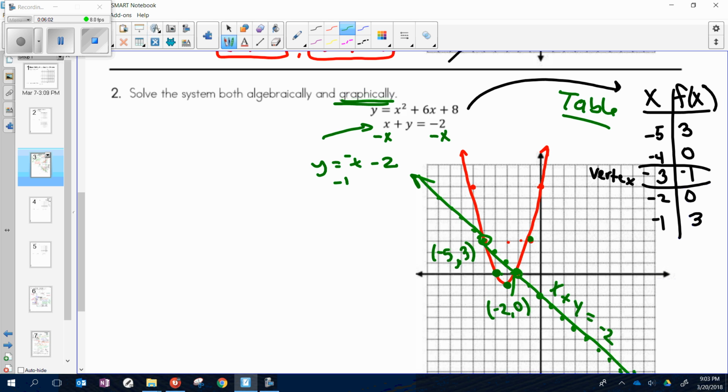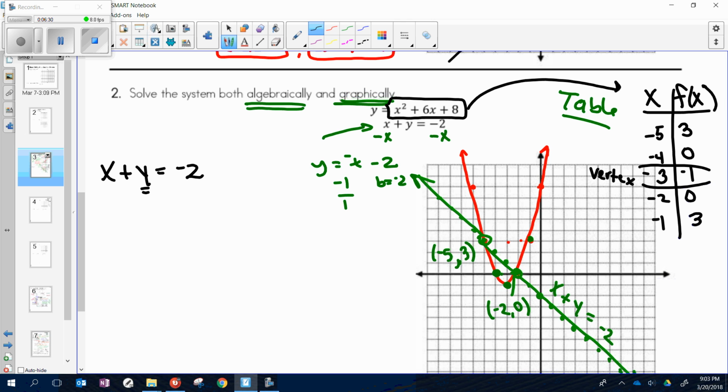And I can see my slope and my y-intercept. So I started at negative 2, up 1 over 1, up 1 over 1. Keep doing that, and you'll see where they cross. I went through that quickly so that I could spend some time with some algebra. Y is equal to x squared plus 6x plus 8, and x plus y is equal to negative 2.